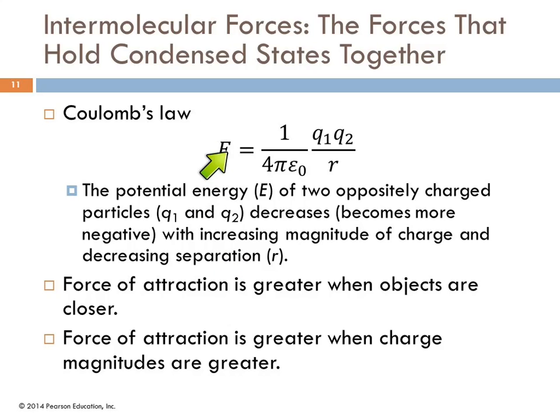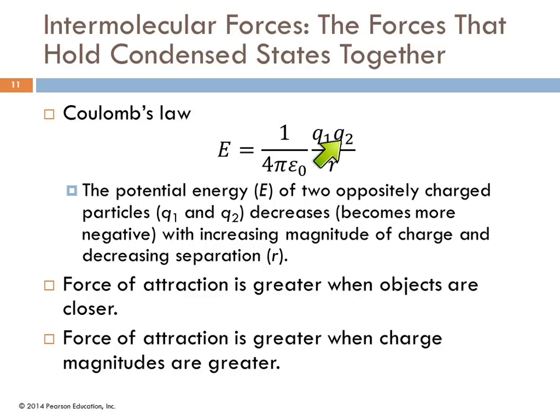E is going to be negative, because one of these is negative and one's positive. Remember, a negative potential energy is a good thing. That's low, and it's trying to get low. And so the potential energy is going to decrease, become more negative, when we increase these charges.